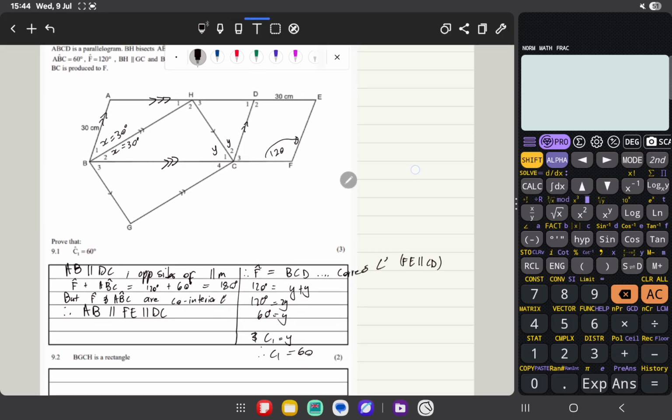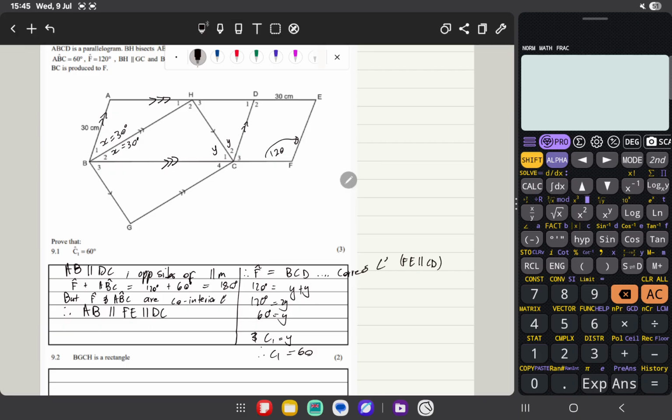Cool stuff. So now they say show that BGCH is a rectangle. Remember, this is 2 marks. The marks also give you a clue. If you can't find the easiest method, it's okay, you can use the longest method.